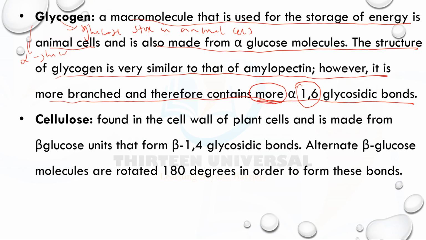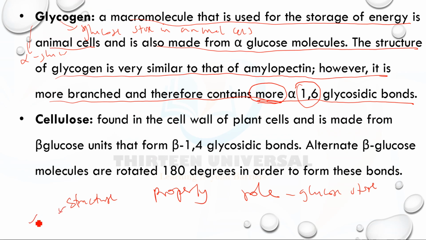Now, like I told you, there's a place for structure, and then there's a place for property and there's a place for role, anytime you are dealing with biological molecules. So the role of glycogen is that it is a glucose store. Okay, let's link it to the structure.